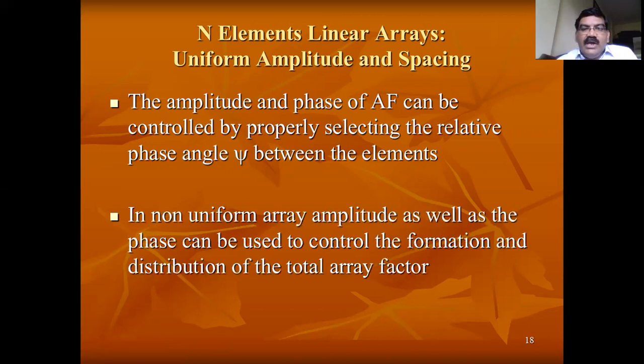In a non-uniform array, amplitude as well as phase can be used to control the formation and distribution of the total array factor. Here we have discussed only progressive phase but uniform amplitude, but you can have non-uniform amplitude also.